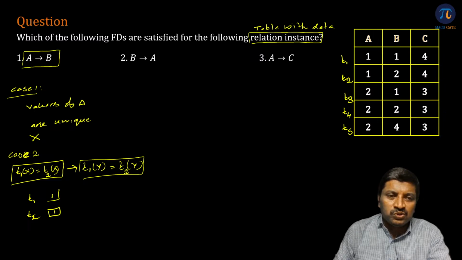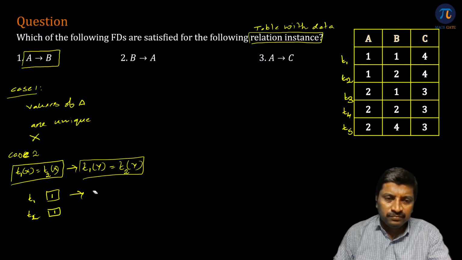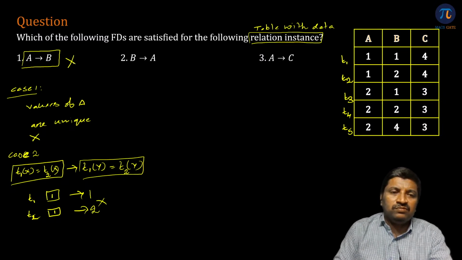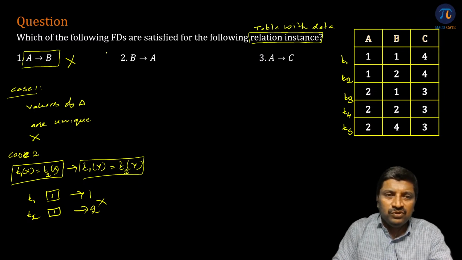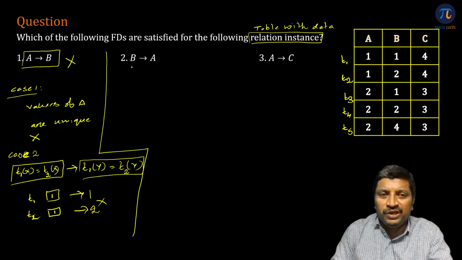In those two rows, what is the value of B? For the first row, I have 1. For the second row, I have 2. So they are distinct, so this will not hold. They need to have the same value. Hope you understood it.